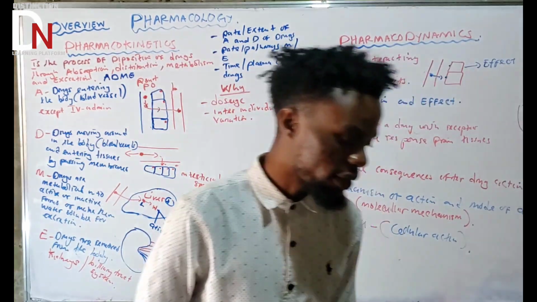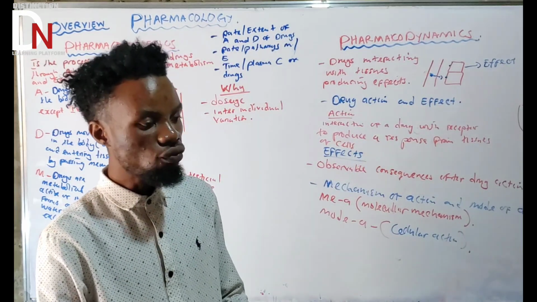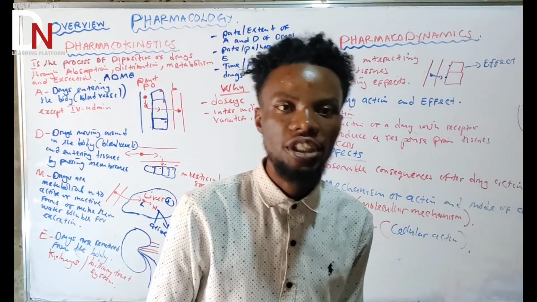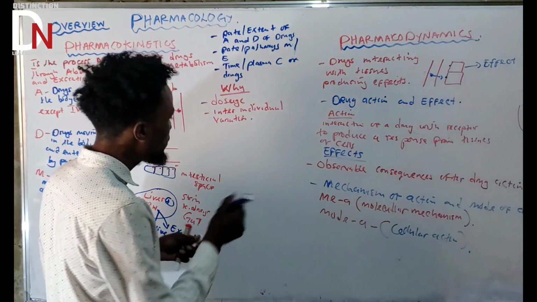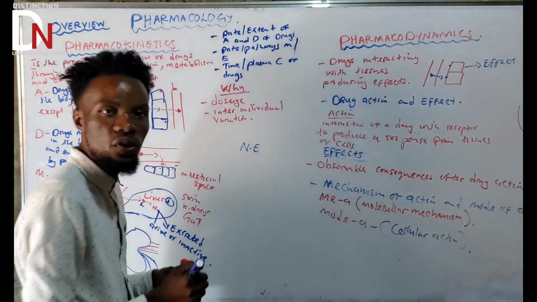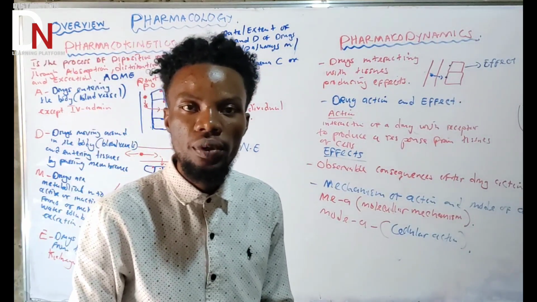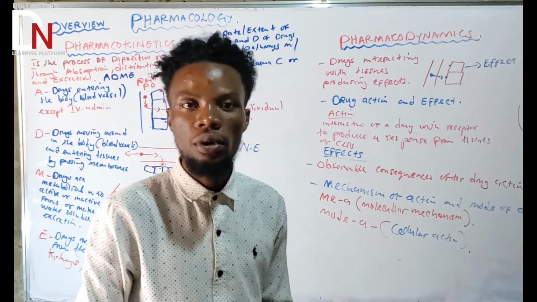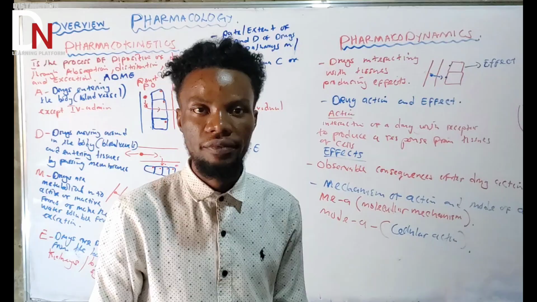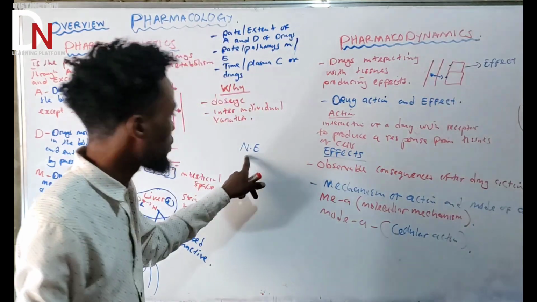Let me give you a good example: norepinephrine. What is the mode of action of norepinephrine? We know that it is a sympathomimetic drug, an agonist in the sympathetic nervous system. Then they ask what the mode of action of this is.